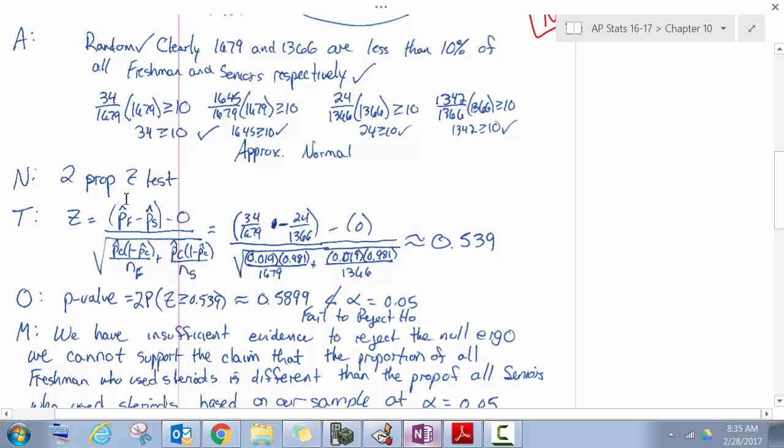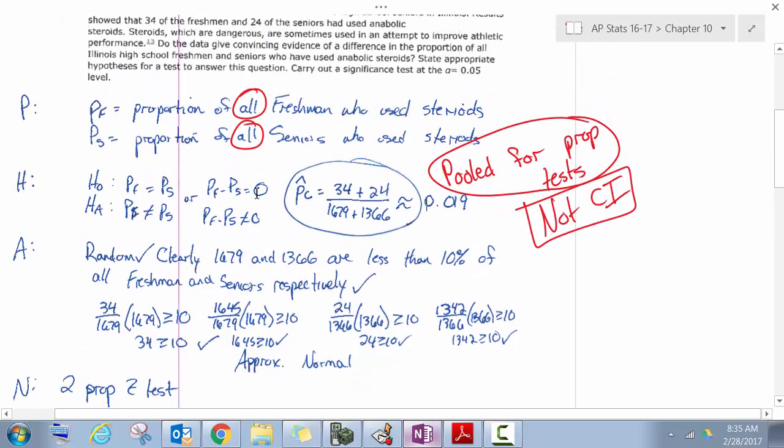So here's our formula. It's our point estimate, which is the difference of the two proportions, the p-hats, minus 0, because we're checking to see if they're equal to 0. That's our parameters.